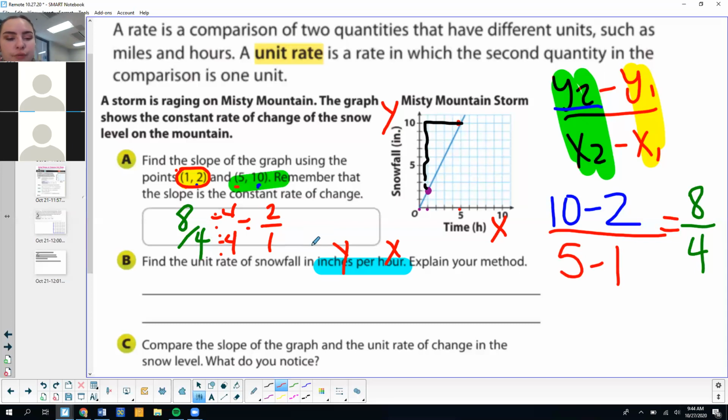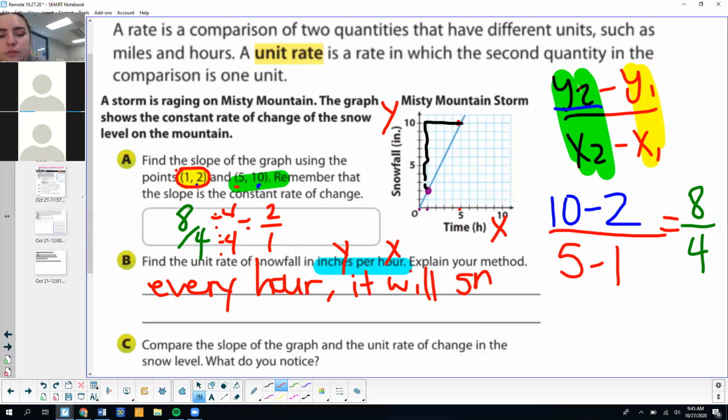So find the unit rate. So every hour, it will snow 2 inches.